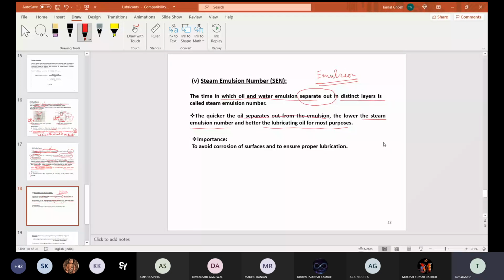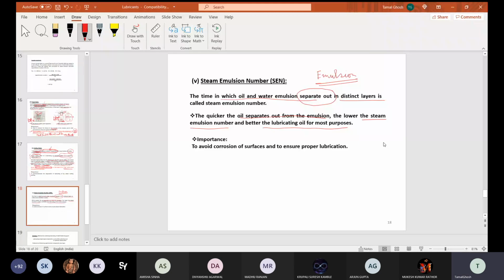So it should separate out quickly, because if it remains in emulsion form, that may increase the chance of corrosion. You will also do the steam emulsion number test in the laboratory.